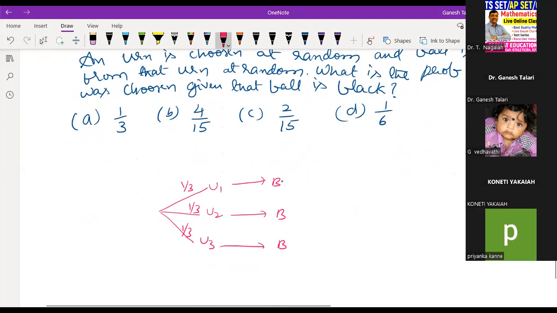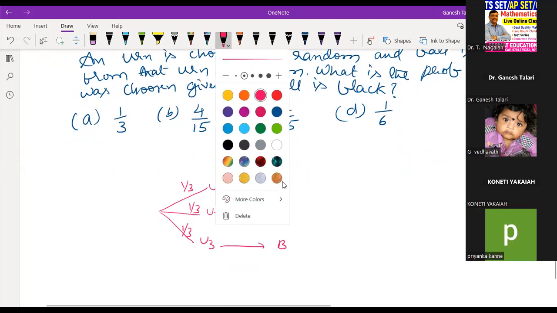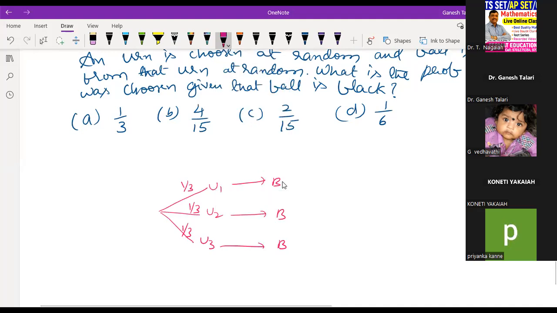So here, this is 3 by 5, this is 2 by 5, this is 5 by 10. So for urn 1, black, the conditional probability is 3 by 5 into 1 by 3, that is 3 by 15.